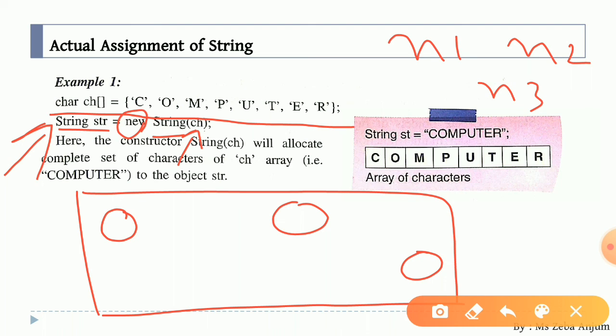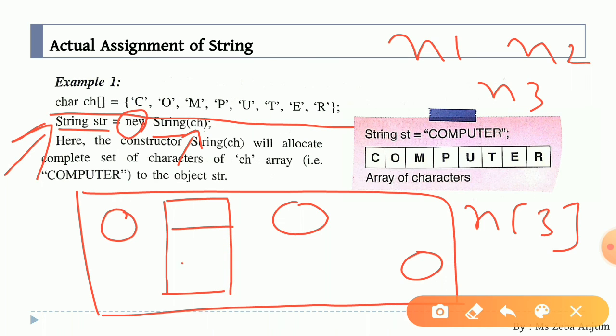Okay, and if you are talking about arrays, if you have taken n3 over here, then an n will be created somewhere, but it is a sequential memory allocation. So these three blocks will not be separate, it is present in a single position. Okay, so whenever we want access to the overall array, we just need the name. Okay, no need to go to every character, only the name is sufficient. So that is why we have taken only ch over here.